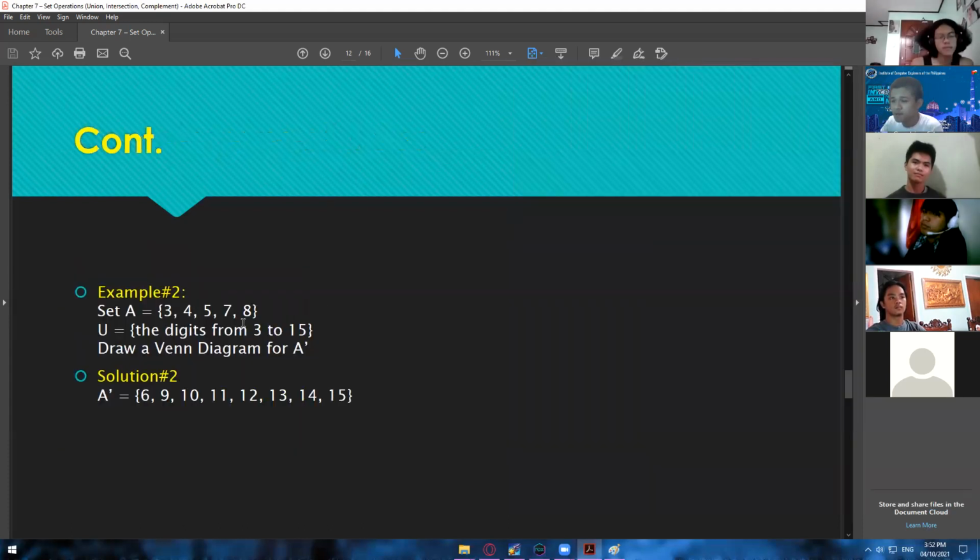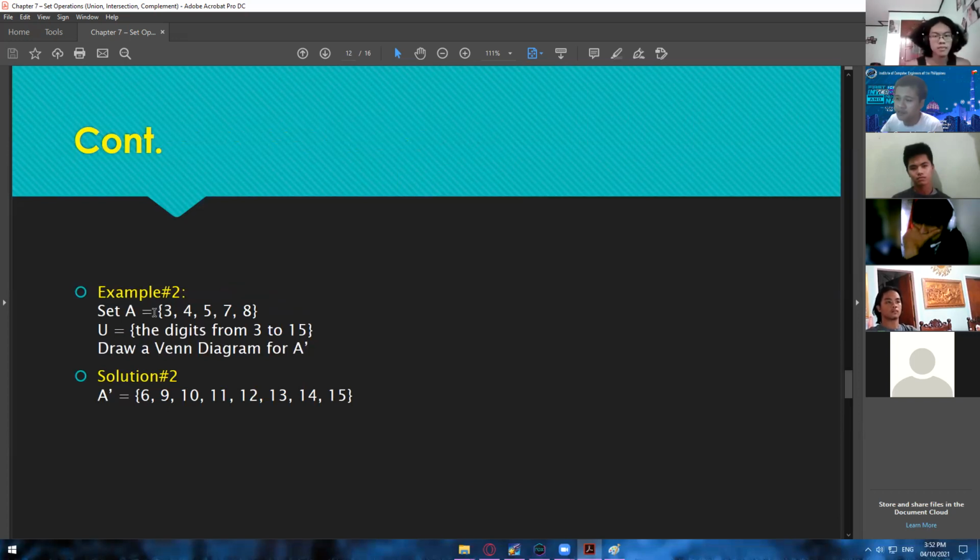And let's have one more example. We have set A right here, which has the elements 3, 4, 5, 7, 8, and the universal set, which ranges from 3 to 15. So draw a Venn diagram for A complement. It's the same. All we need to do is get everything that is not in set A itself. So we have 3, we have 4.